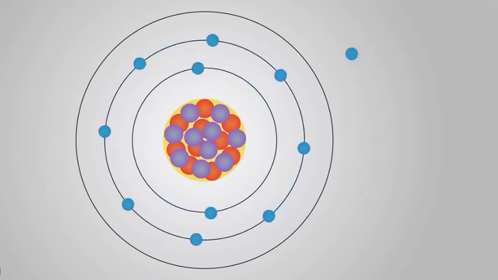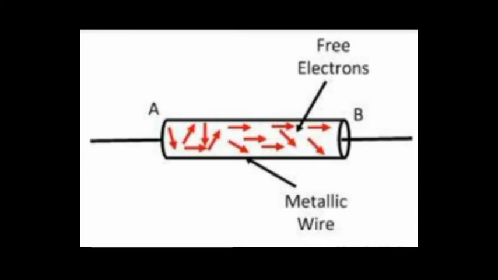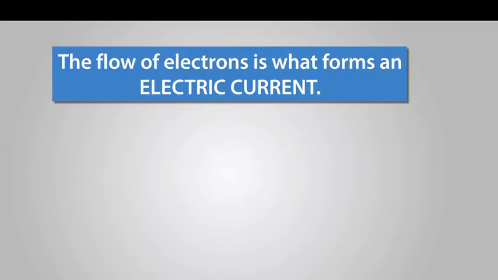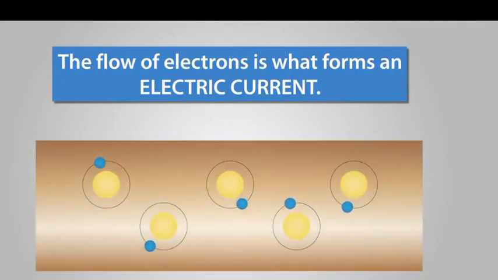Then, if a number of electrons are able to move through a particular path, there arises the term electric current. If any charge is able to move through a particular path, that creates an electric current.